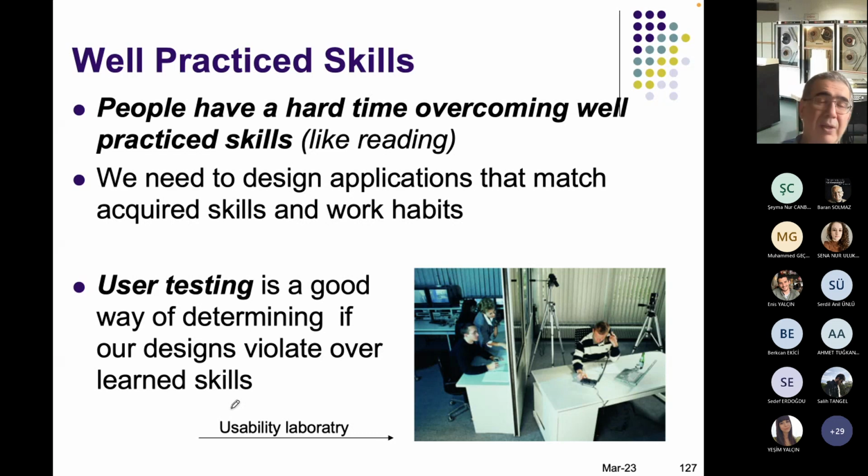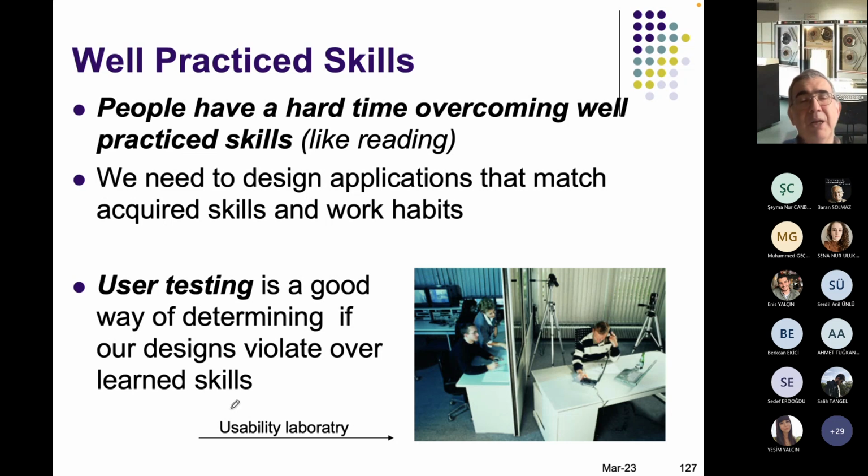Turkish F keyboard is quite different. So, in order to make good interfaces, we need to design applications that match already existing skills and work habits. If we can match them, our application and our systems will become more successful.